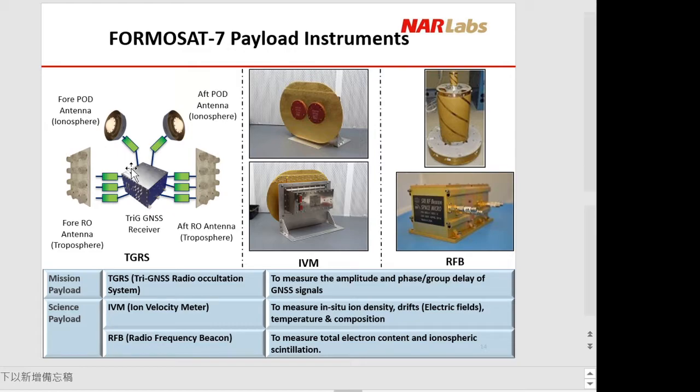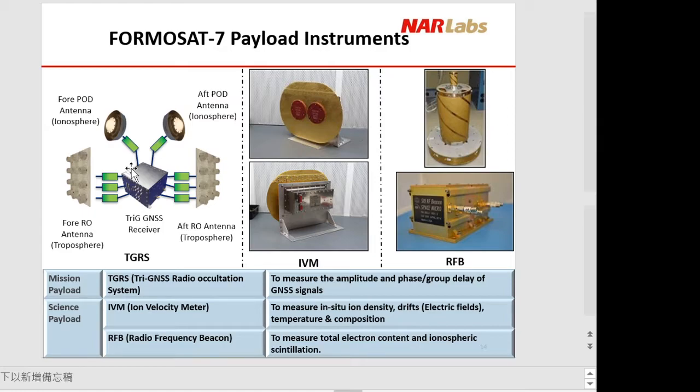You can see from the left-hand side picture, there are RO antennas, which can measure the radio occultation from the troposphere, and there are POD antennas, which can measure the radio occultation from the ionosphere. In the middle, there's a receiver which is put inside the spacecraft body. That's TGIS.